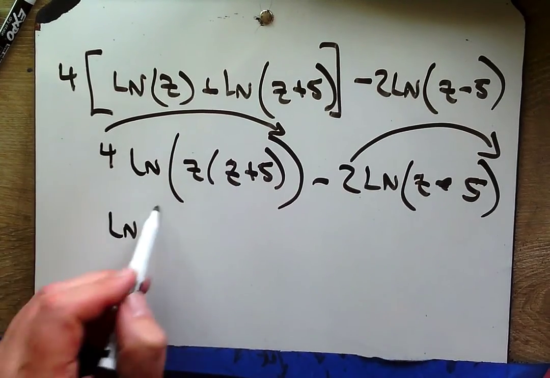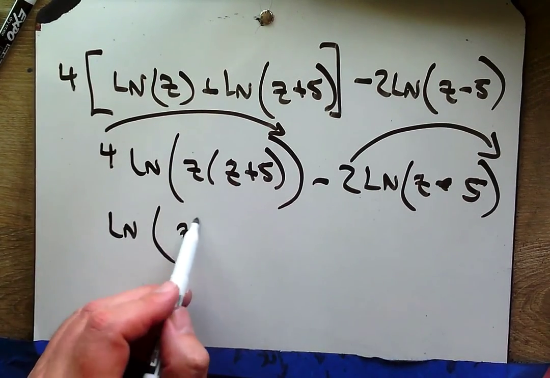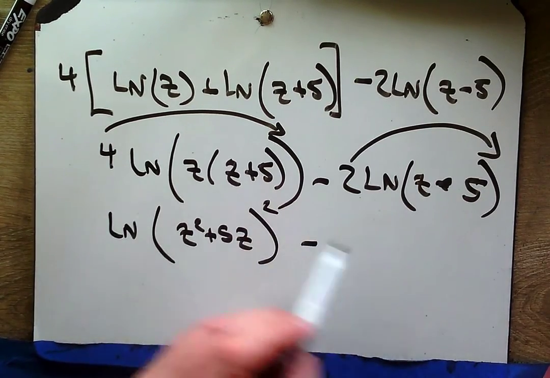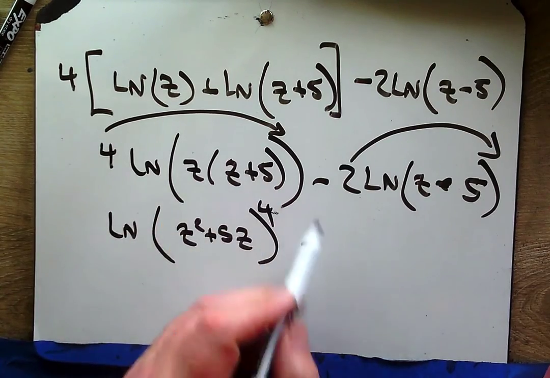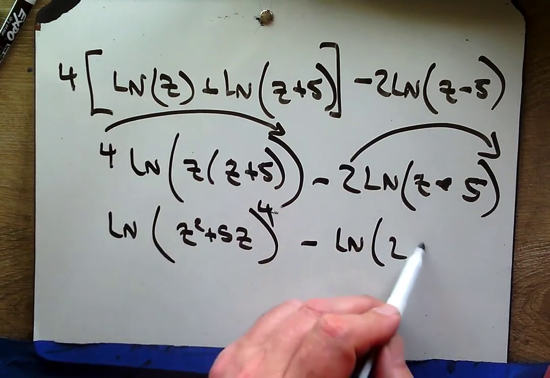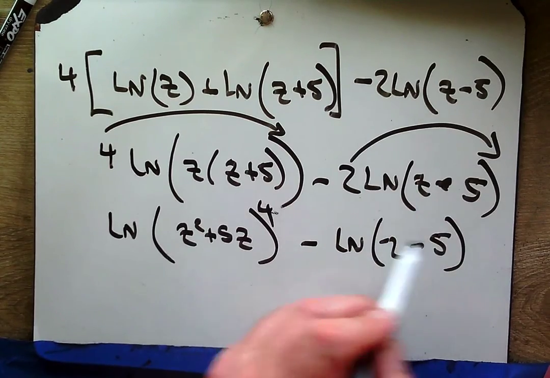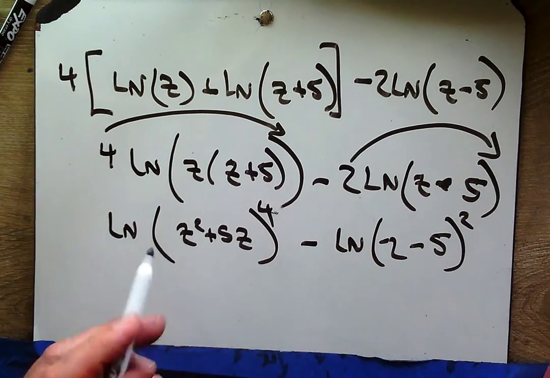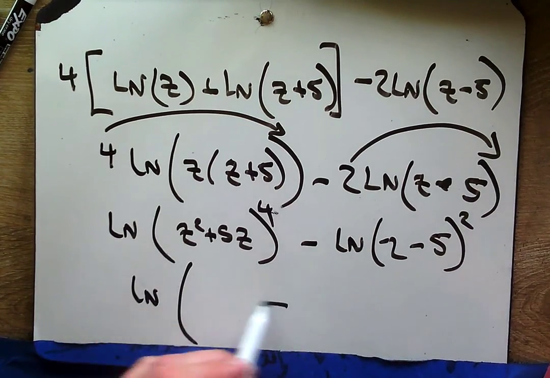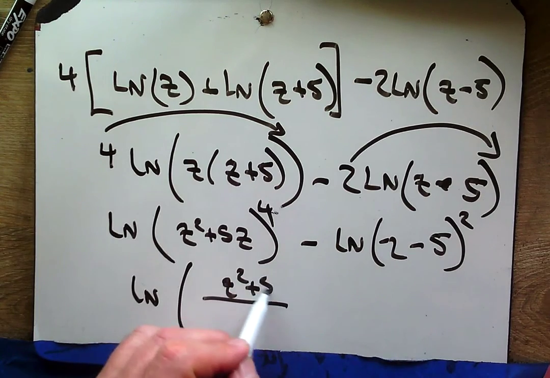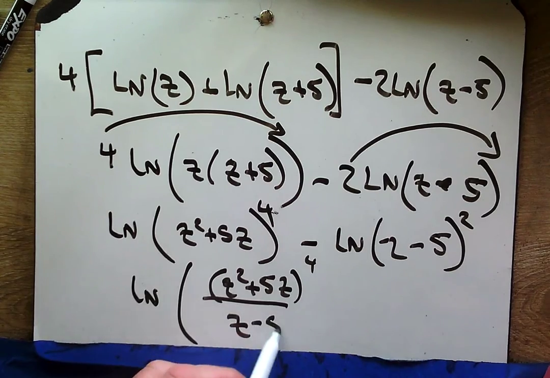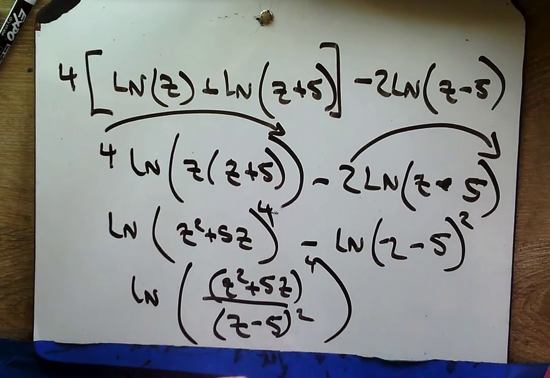So I'm going to have ln of (z plus 5) to the 4th minus ln of (z minus 5) squared. Logs connected with subtraction. So I can write 1 log, (z plus 5) to the 4th over (z minus 5) to the 2nd. There it is, nice and tidy.